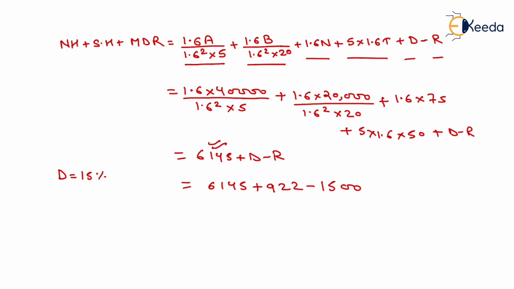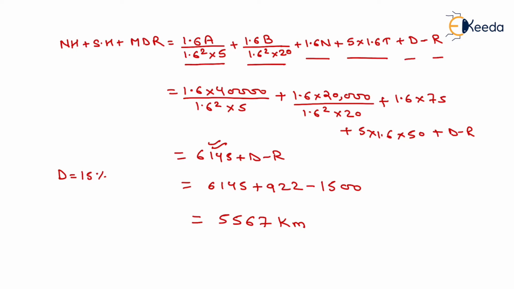After solving this, we will get the length of national highway plus state highway plus major district road as 5567 kilometer. That will be the length of national highway plus state highway plus major district road.